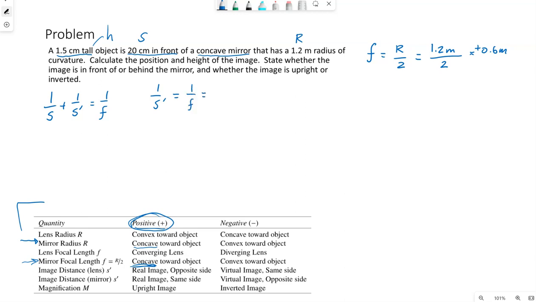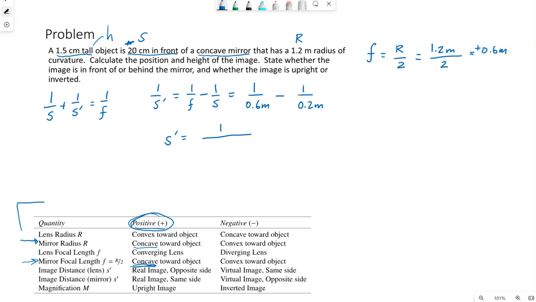So I'm going to bring the 1 over S to the other side. We know F is 0.6 meters, and S up here is 20 centimeters. We'll actually want this in meters. We could put them both into centimeters. That's fine. We just need to be consistent with our units.